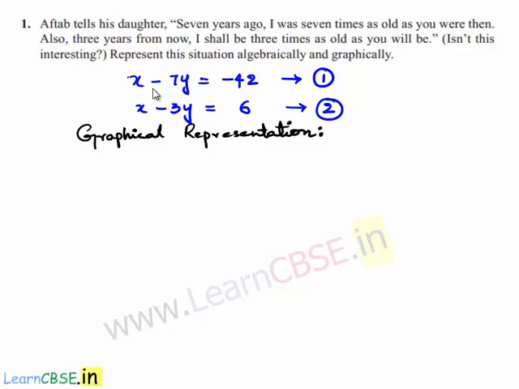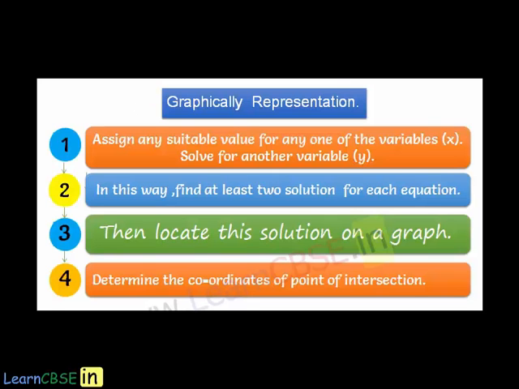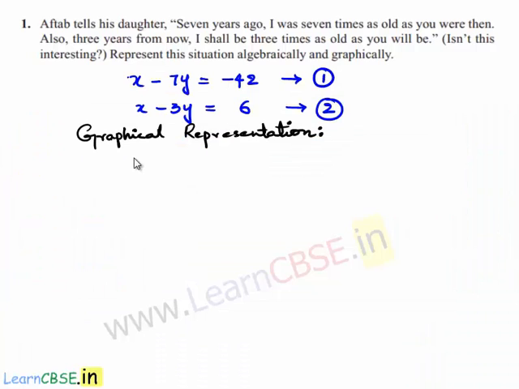Now, let us solve these two equations by graphical method. The first equation given is x minus 7y is equal to minus 42.